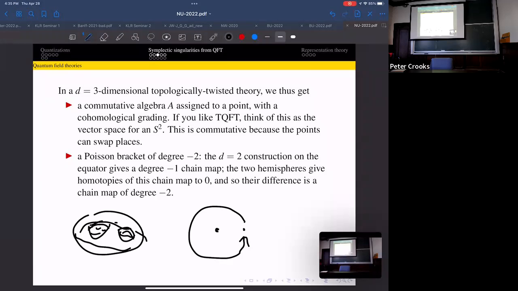Yes, that's true. It's an associated graded. So that's my best attempt to address your question. I tried to do it on the fly.